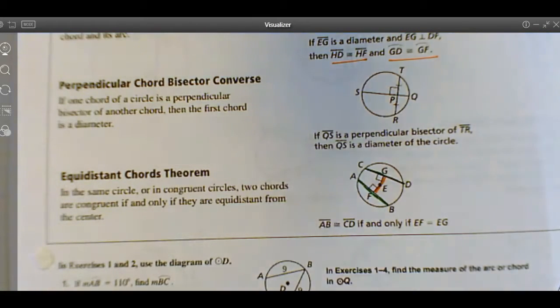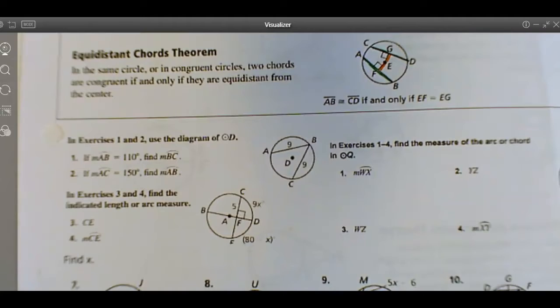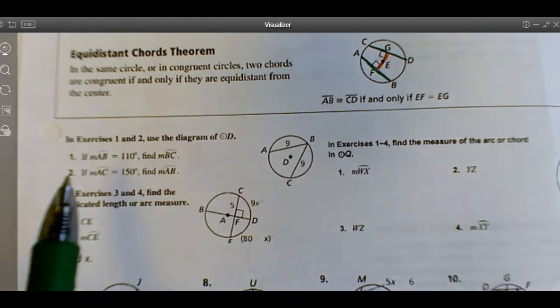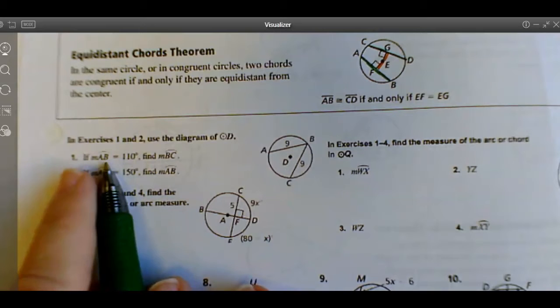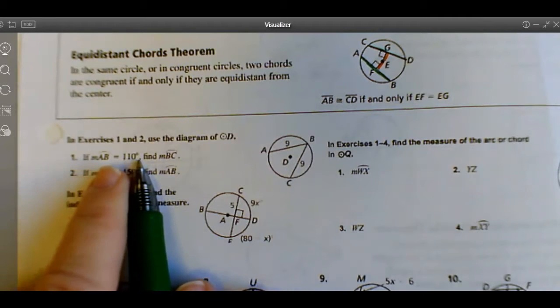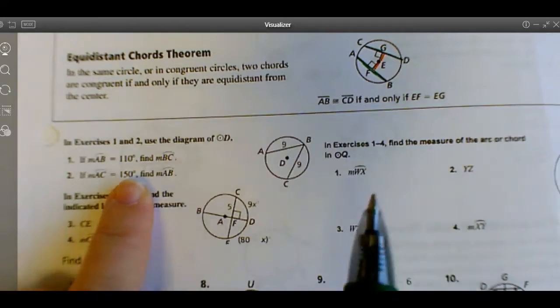Alright, that was a bunch of words and pictures. Let's talk about how you use them, because I think that part will help make it all make more sense. So, number one here, we're using this picture. It tells me that the measure of AB is 110. Now, in both of these, we're using the same diagram.